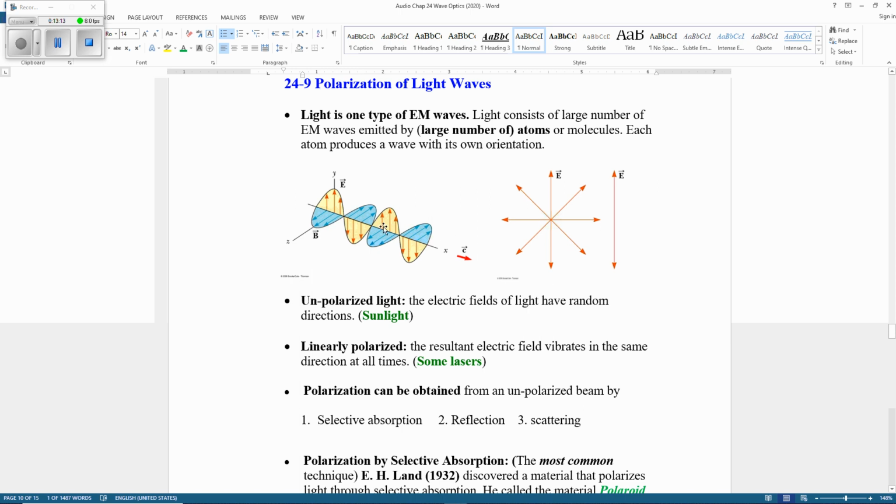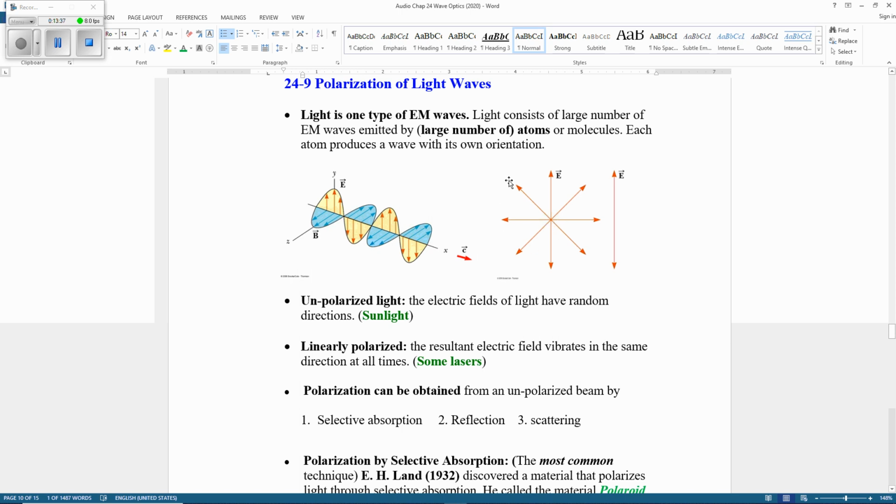Now we're going to discuss only the electric field because usually it's more important. If you see the light, really the electric field goes in all directions. Go this way, travel forward, that way, and this way, all directions.